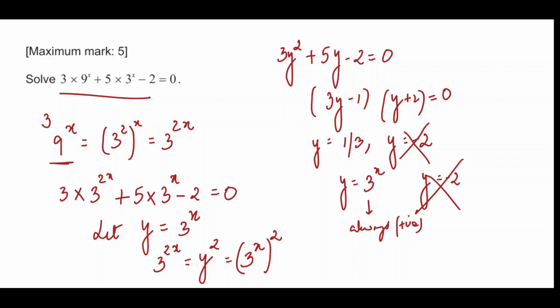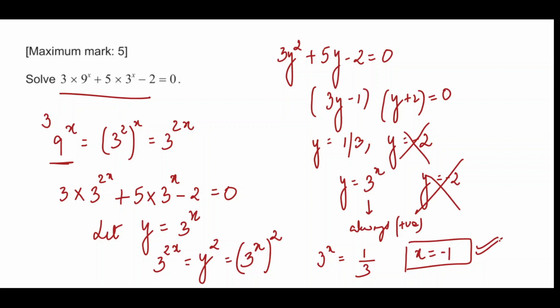Okay, so we are going to substitute 3 raised to the power x as 1 over 3. Now what is the value of x here? Can we find that out? Yes, we can. The value of x will be negative 1. So x equals negative 1 is your final solution for this question.